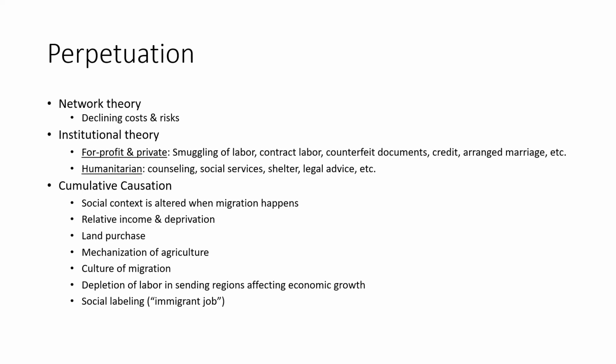This can definitely stagnate economic growth. So when economic growth is stagnant, there's no job creation. And because of that, it creates a culture of migration. People sense that they have to migrate to other places to look for work, because they cannot find jobs in their places of origin.